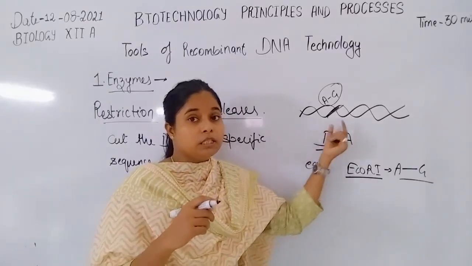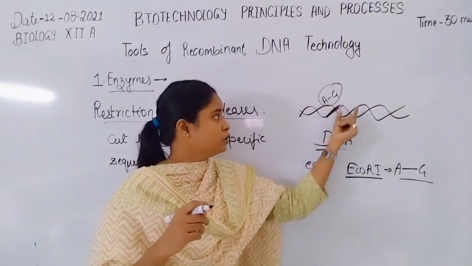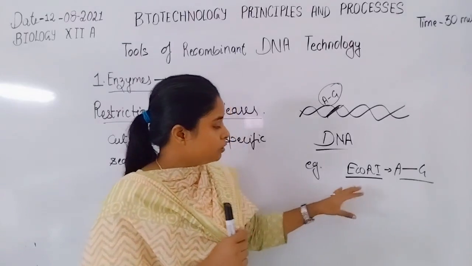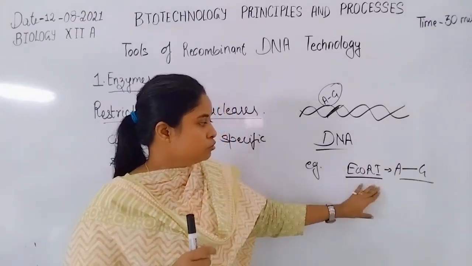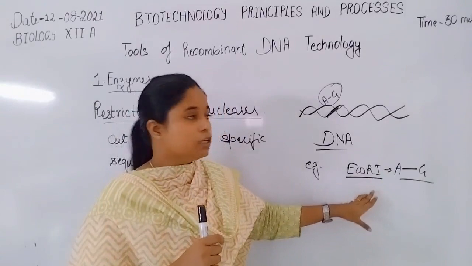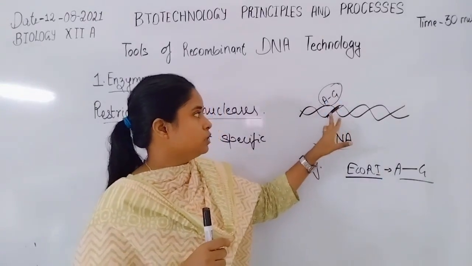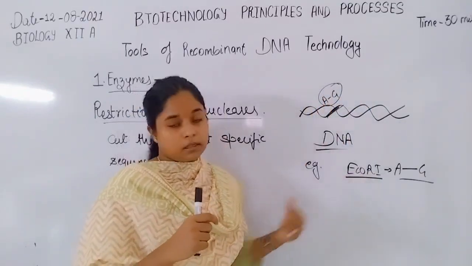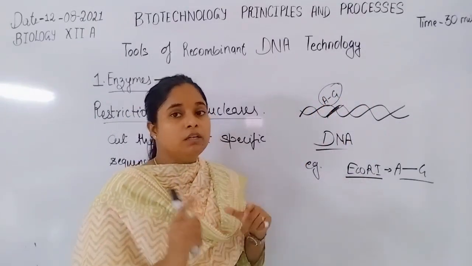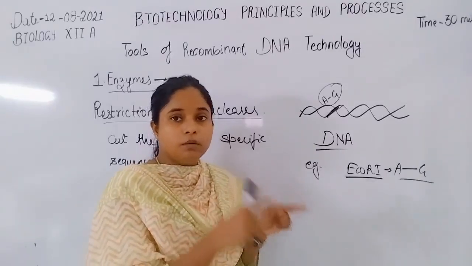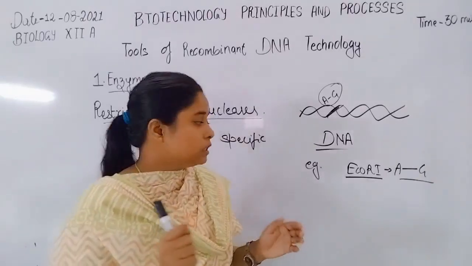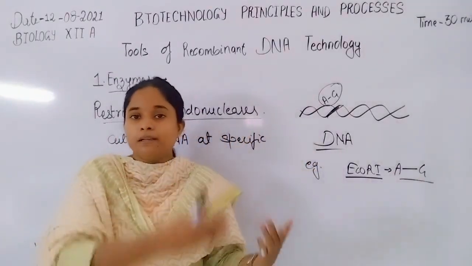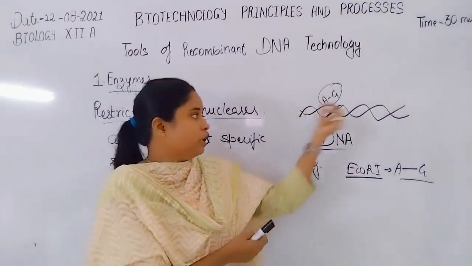If this region does not have an A G sequence, we will not use that enzyme for cutting here, because this restriction endonuclease will cut only a specific sequence, breaking the phosphodiester bond between A and G only. So we use another restriction endonuclease for cutting this sequence.